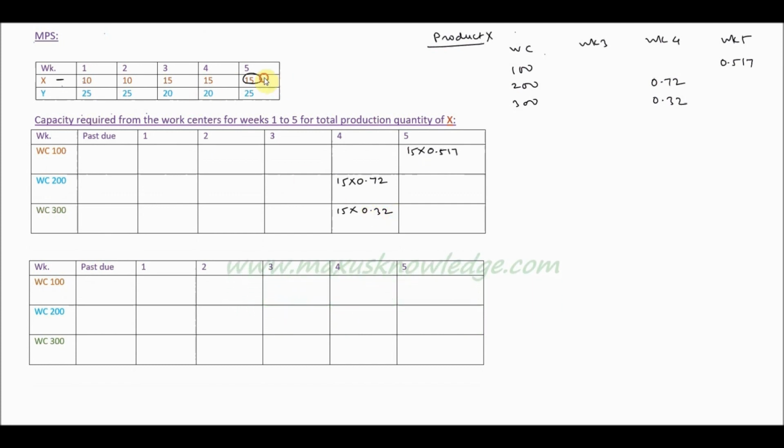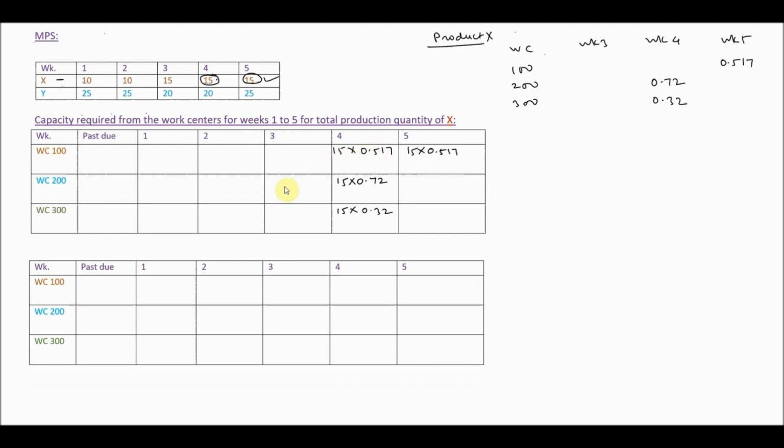Now this is done. So let's now move to this quantity here. So again, this is week 4. So in week 4, product X requires 0.517 hours of work center 100. So this will become 15 multiplied by 0.517.